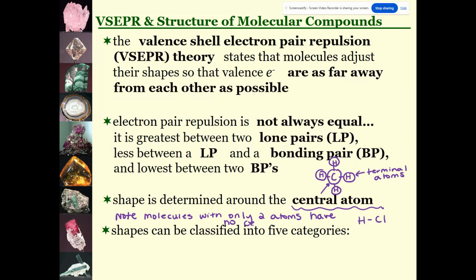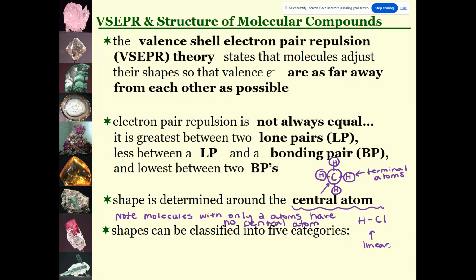Now that doesn't mean they don't have a shape, okay? Their shape is actually quite simple. Whenever you have 2 atoms, their shape is always linear. Whether it's 2 atoms with a single, double, or triple bond, 2 of the same, 2 different, their shape is always linear. They're just side by side at each other.